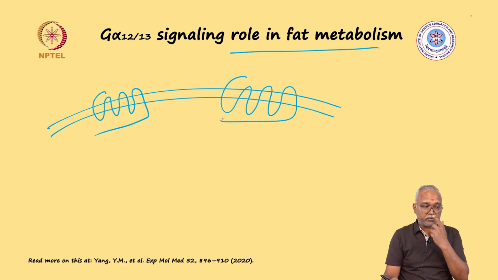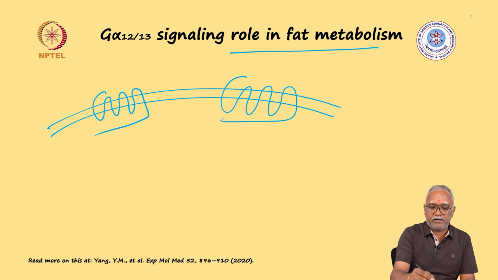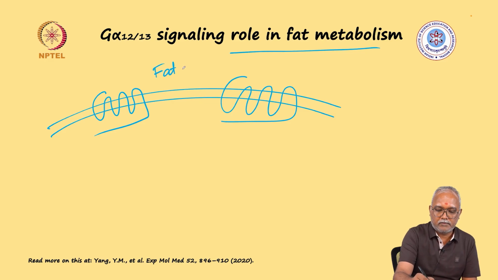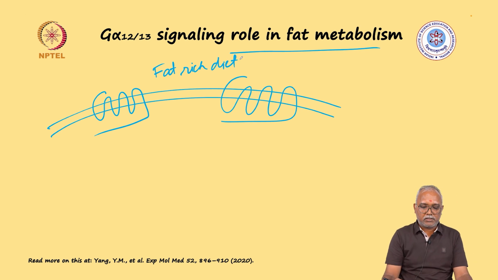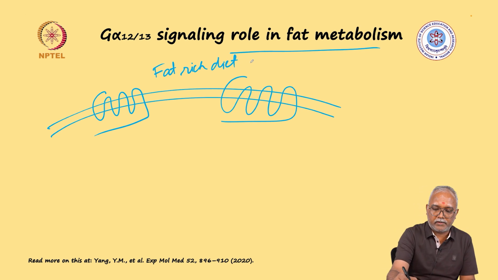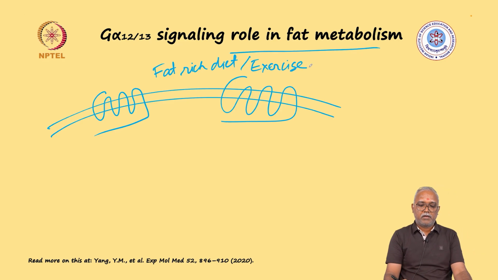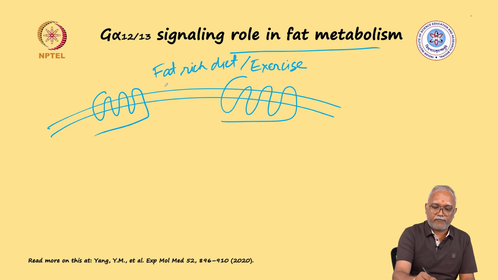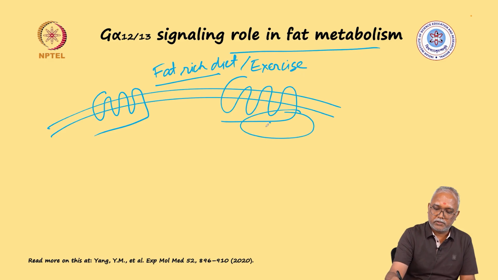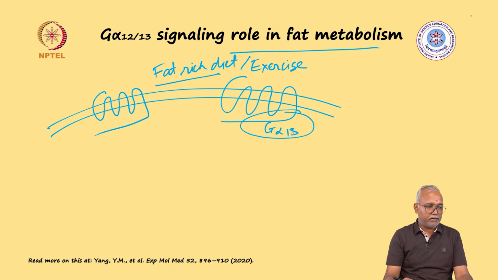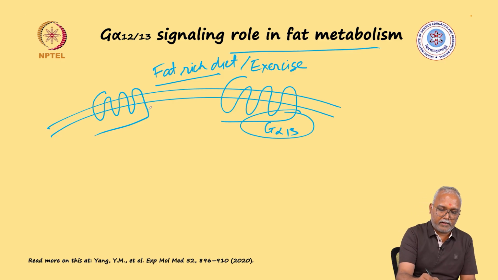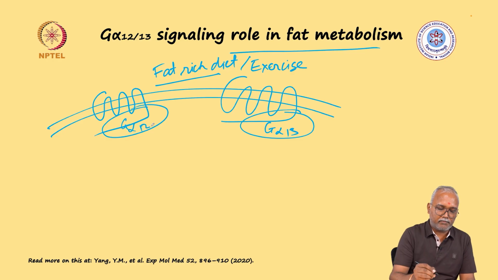Now the two conditions being sensed are whether it is a fat rich diet which has to be metabolized, or the individual is undergoing exercise and there is need of energy. So what is understood is that when you have a fat rich diet, generally the response moves to this one, which is G alpha 13 mediated, and when you have exercise, the response switches to this G alpha 12 mediated.